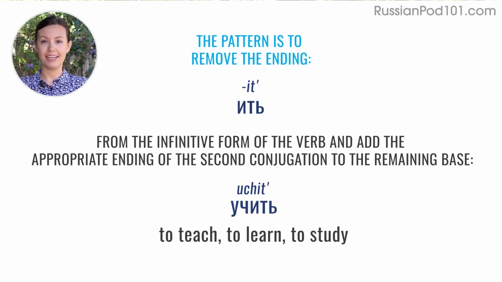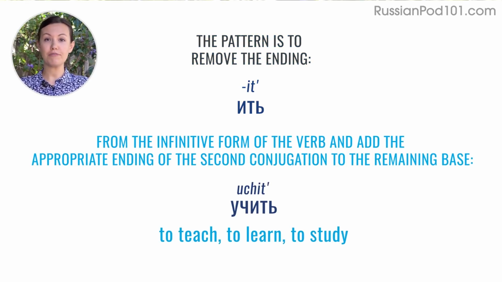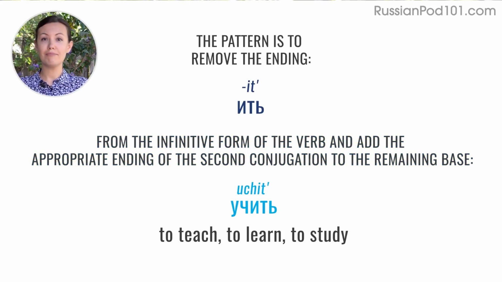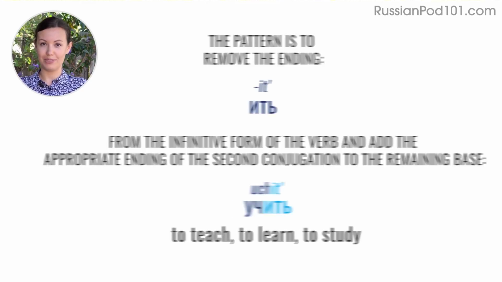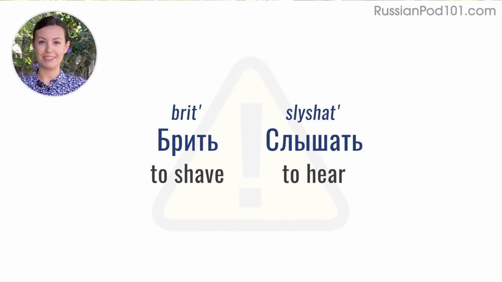The pattern here is once again to remove the ending -ить from the infinitive form of the verb and add the appropriate ending of the second conjugation to the remaining base уч. Most verbs ending in -ить are the second conjugation verbs. There are a few exceptions, such as the verbs брить, to shave, and слышать, to hear.